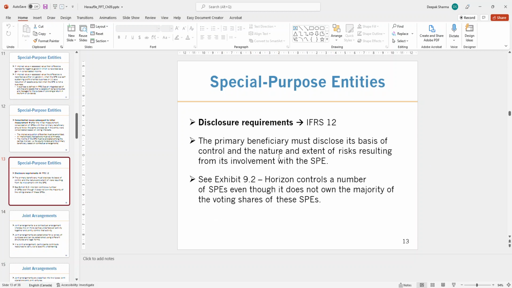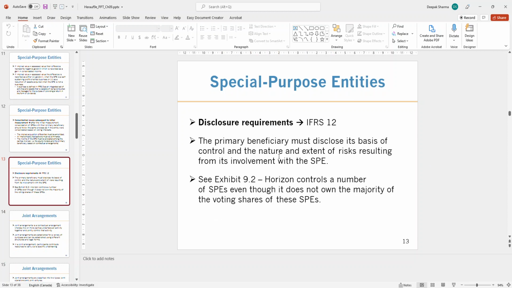And now we come to the disclosures of the special purpose entities. For the primary beneficiary of the control, definitely there are disclosures required under IFRS 12. So you must disclose what the primary relationship is between the companies, the sponsor and the special purpose entities, and provide what kind of controls exist and how you determined it is a special purpose entity, and what are the risks that result from that SPE.